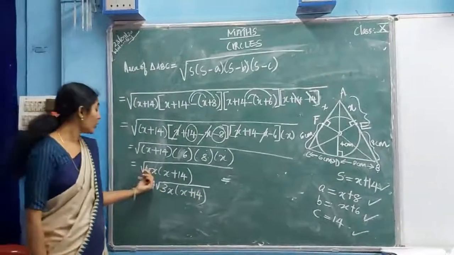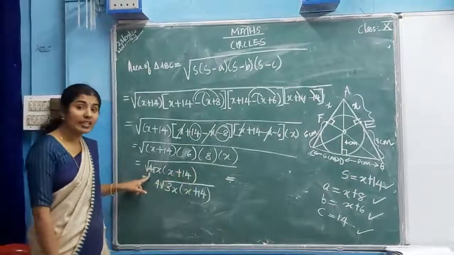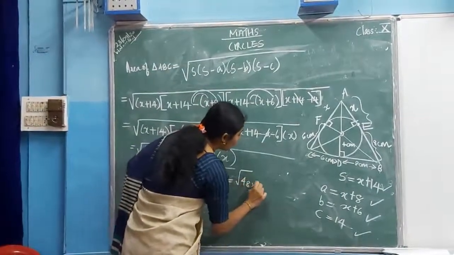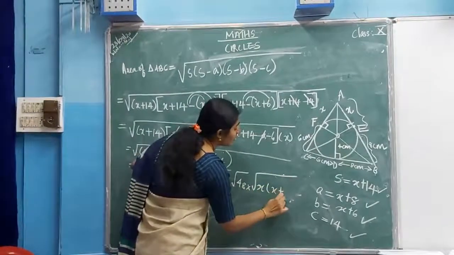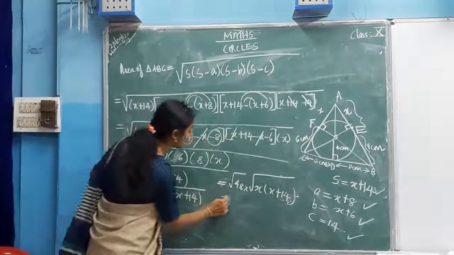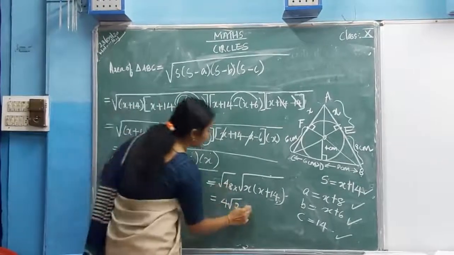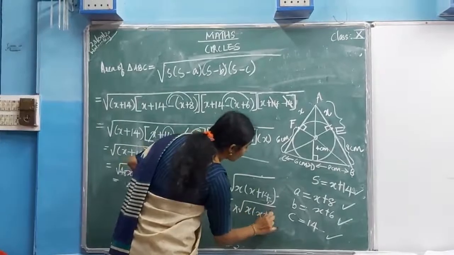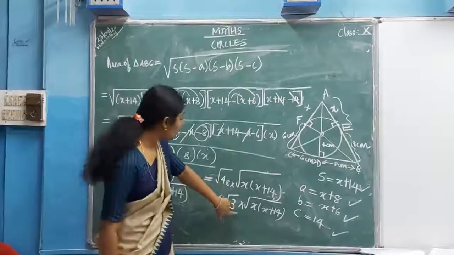We are getting square root of 48x into x plus 14. Now we split the square root, you will get square root of 48 into square root of x into x plus 14. Square root of 48 is 4 square root of 3 into square root of x into x plus 14. So numbers which are giving in this square root we can write together.